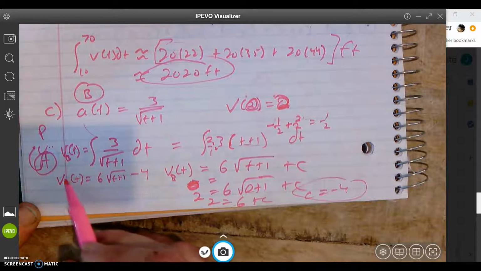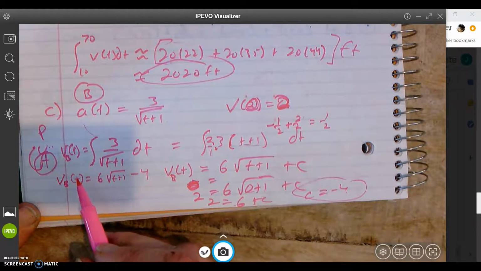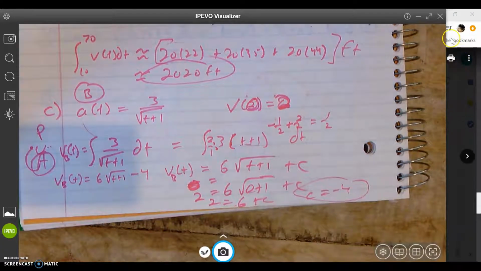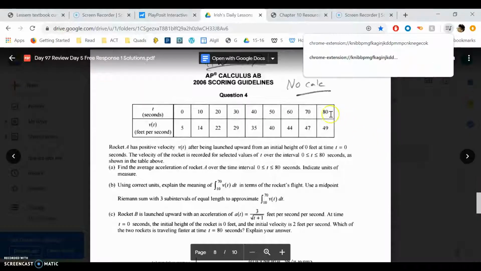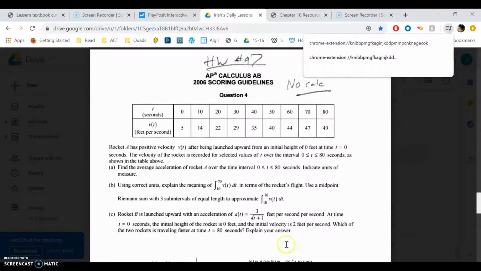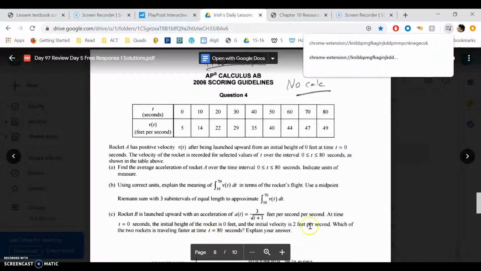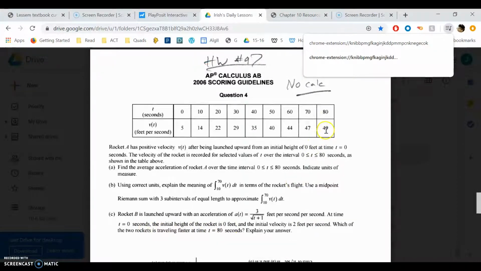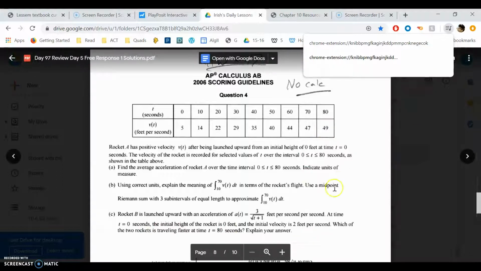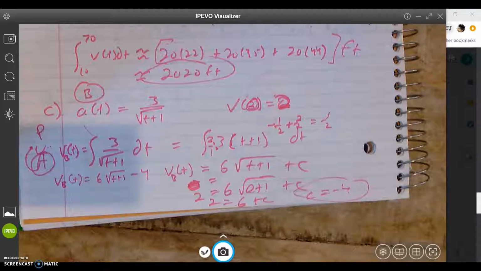Now I want the velocity when time equals 80, because I want to compare that to rocket A, because that's what it asked me. Rocket A is 49, so let's see if rocket B is going faster than 49.